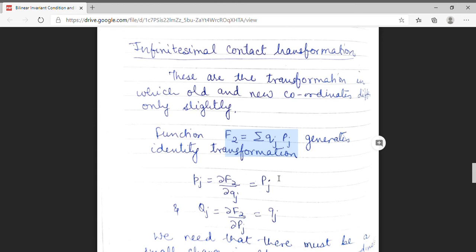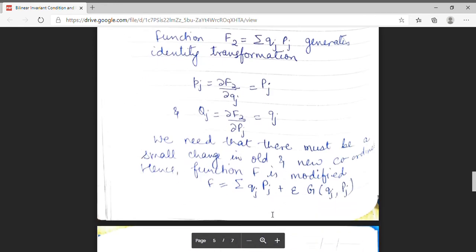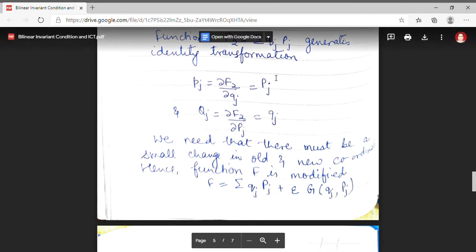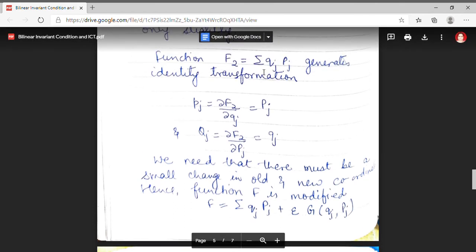That means new momenta and old momenta are exactly the same. Now obtaining another transformation equation, which is capital Qj equal to del F2 upon del capital Pj, I get small qj. That means old and new coordinates are exactly the same. So if I use this form of generating function, then it will generate the identity transformation.